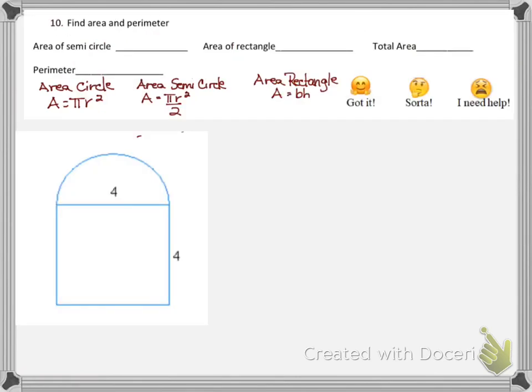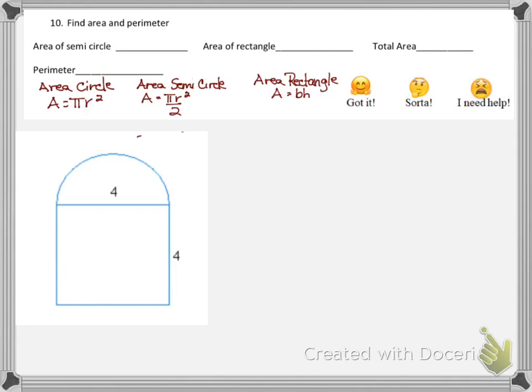Okay, so we want to find area and perimeter of this irregular shape. It looks like the free throw line in basketball. And so we're wanting to find out the area. So what we have to do is we've got 2 different spaces, and we've got to figure out the area of each.